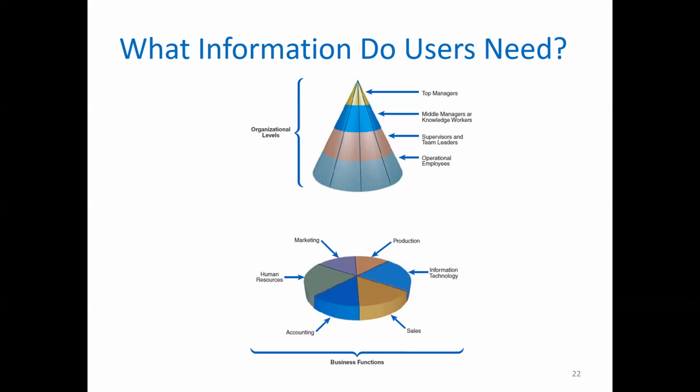For supervisors and team leaders, they also need tactical decision making. For operational employees, or employees at the ground level, they need operational information. So these are all those types of information that help them to conduct business on a day-to-day basis.